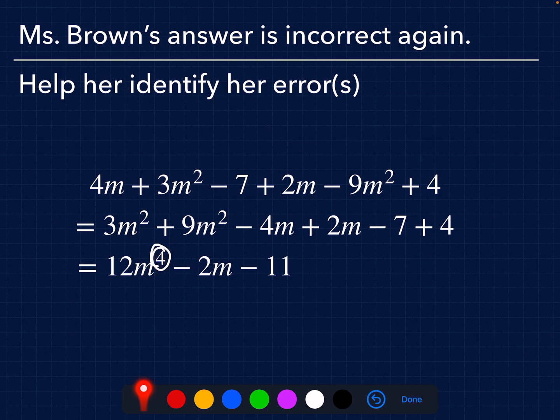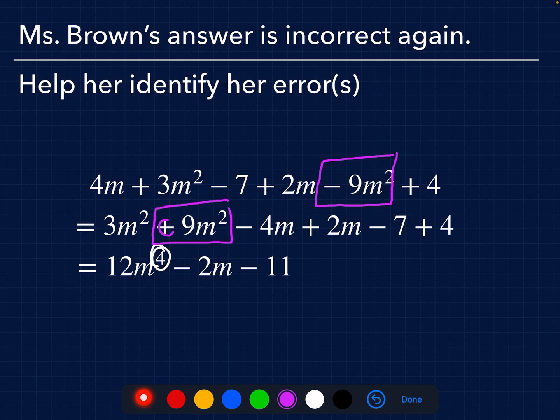The other thing they noticed was when I was rearranging my terms, I did not take the sign with the term. This entire piece right there is the term. When I move it around, the sign, that minus, that subtract, that negative, whatever the heck you want to call it, must go with it.